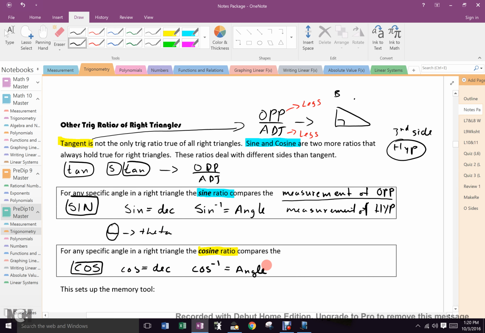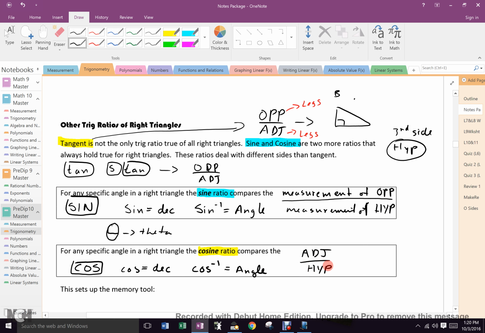Now, which angles are we talking about? Well, obviously, if the three sides are opposite, adjacent, and hypotenuse, and I have covered opposite adjacent and opposite hypotenuse, what's the only thing left? Adjacent and hypotenuse.